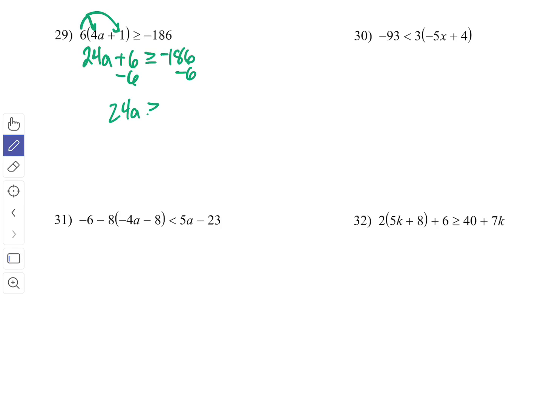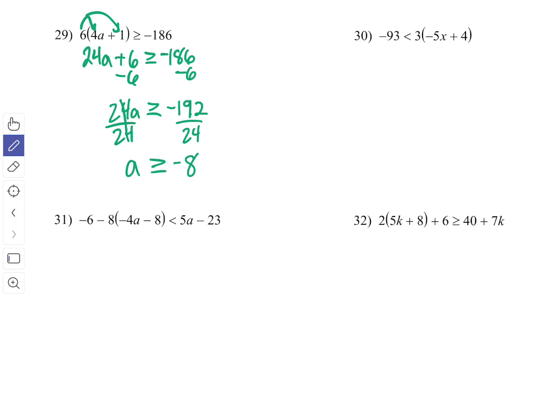Subtract 6. Divide by 24. Negative 192 divided by 24 is negative 8.